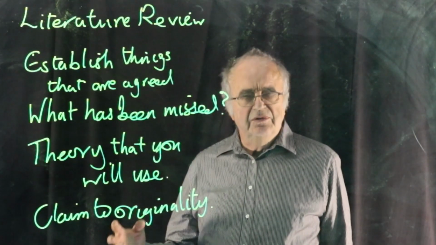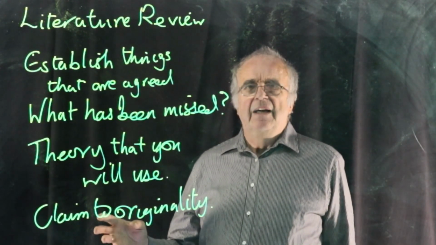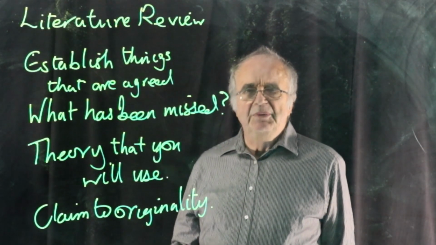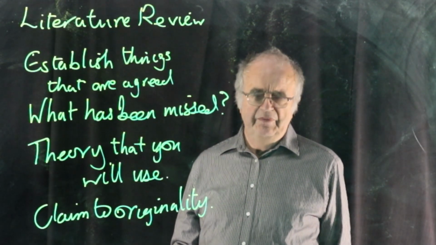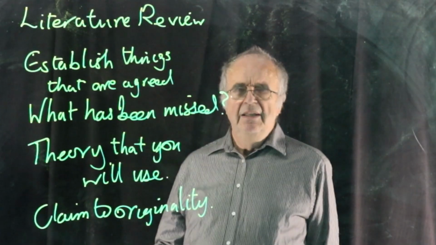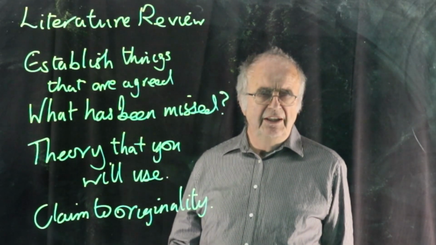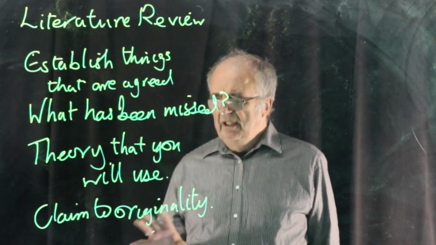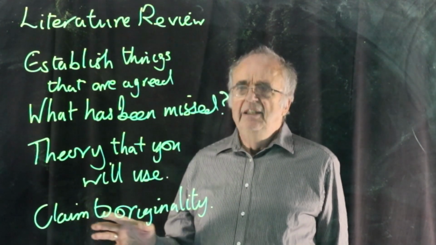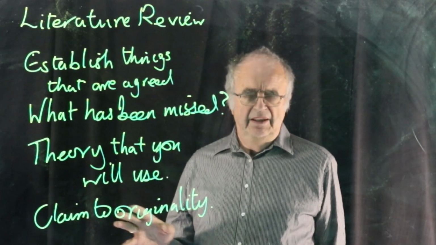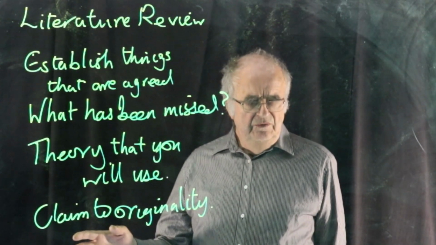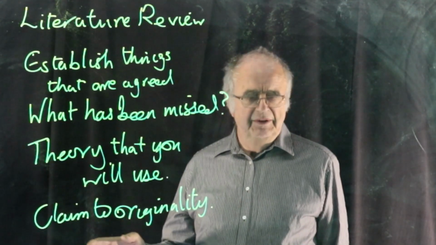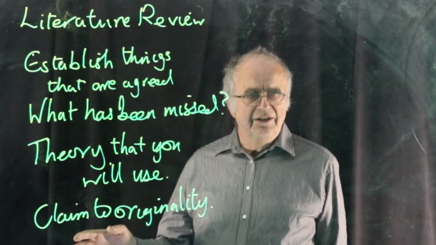Or I've seen things in a different light. I've taken a theory from one area, applied it to a different area, and it gives me an insight that no one has ever had before. So there are three kinds of originality, and you can claim one of them: new data, new theory, or new interpretation. Those things will take you back to the literature and give you a conclusion that will round off your dissertation with possible recommendations, but that's not necessarily the case.